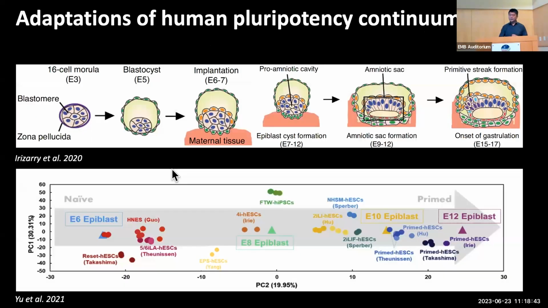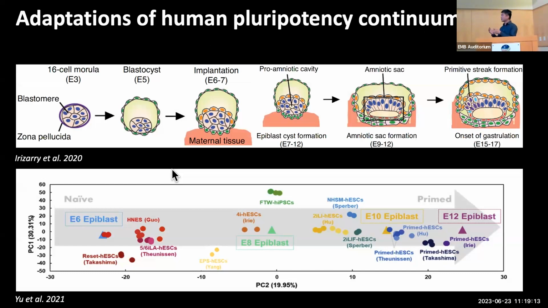So many different types of human pluripotent stem cells have been reported, starting from 1998. The first human embryonic stem cells were derived by James Thomson using day 6 human blastocysts, growing them in culture, at a time when we didn't really know how to culture these cells. Researchers tried to use the mouse embryonic stem cell culture conditions, including LIF and BMP, but it didn't work for humans.